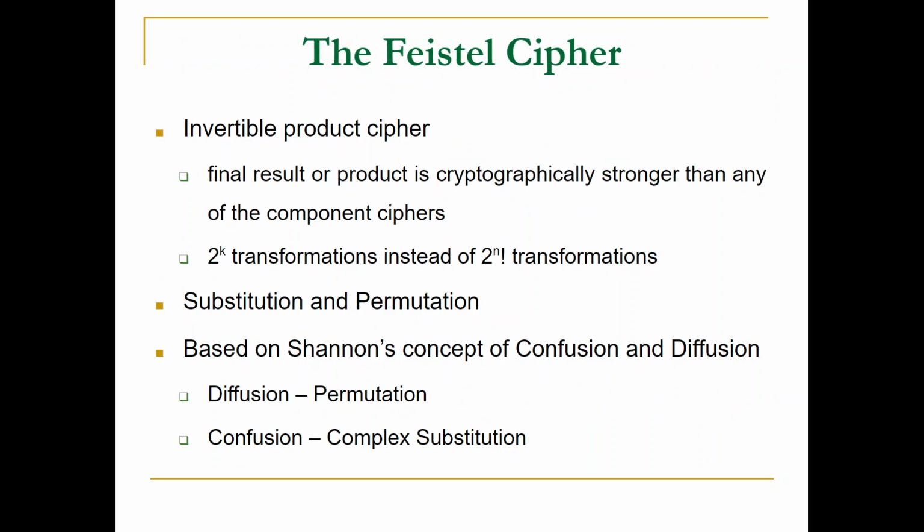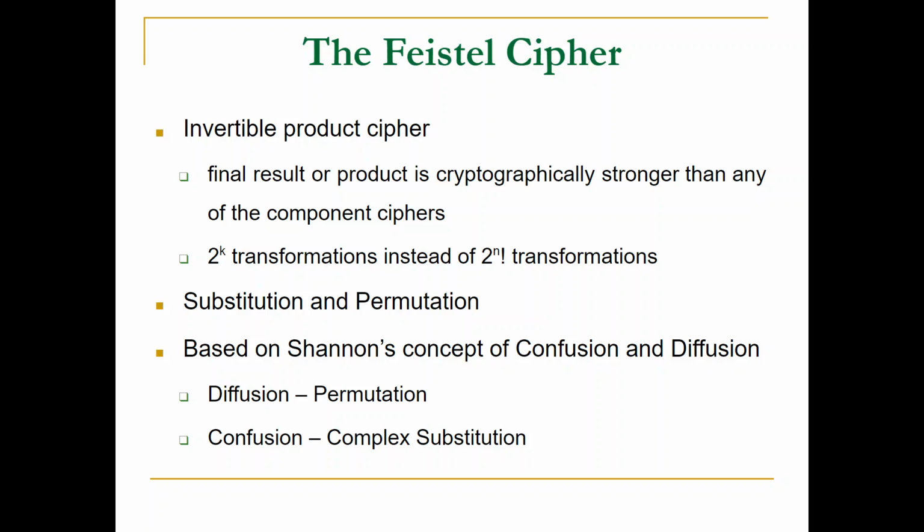The Feistel cipher is based upon the idea of an invertible product cipher. Here, invertible means we should be able to recover the plaintext, that is, it should be non-singular or reversible. Product cipher means it is a combination of multiple ciphers.